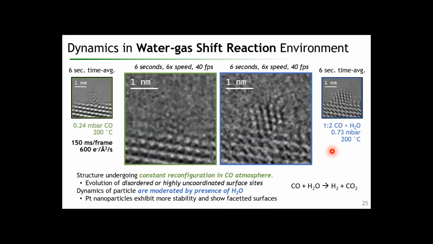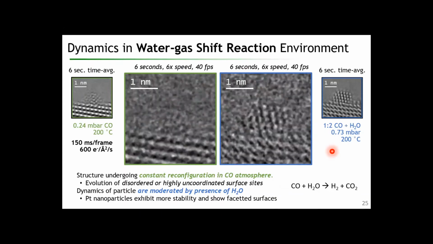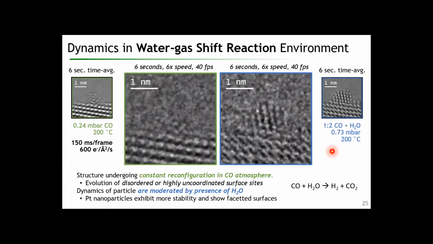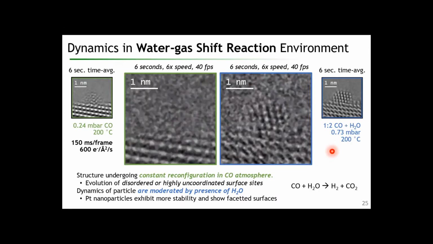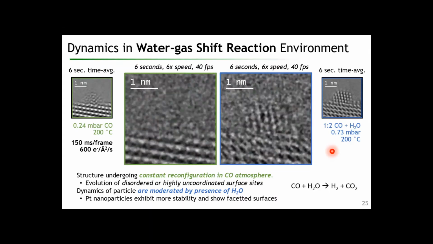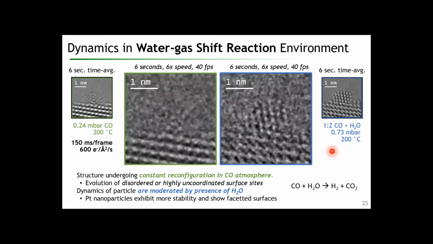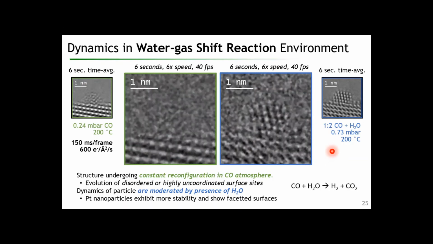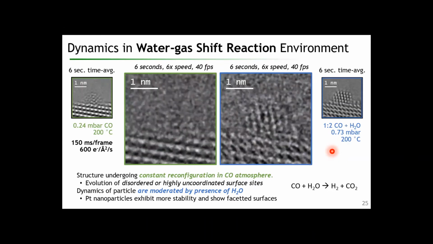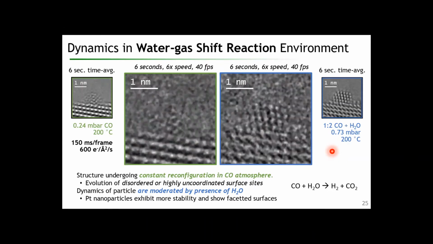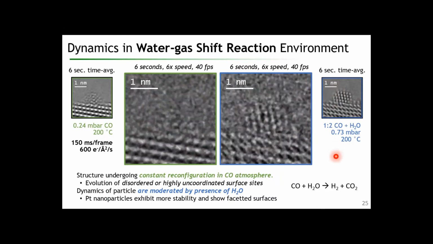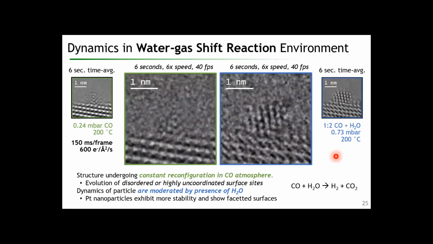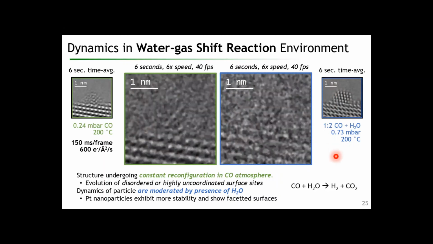Even in the time resolved movie, you can see lattice fringes and atomic columns in the platinum. In the time average image, which is a higher signal to noise representation of the data, you can see that the nanoparticle is faceted. Clear facets emerge on the nanoparticle, and there's an enhanced degree of stability evidenced by the visible atomic columns.